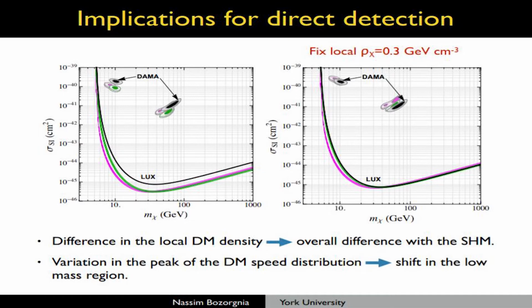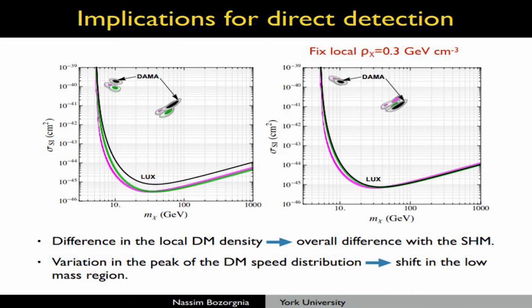This is because you saw these changes in the halo integral at the high velocity tails, at larger V min, and this is where the experiments are probing low dark matter masses. So large V min means low dark matter mass, and that translates to this shift at low dark matter masses.